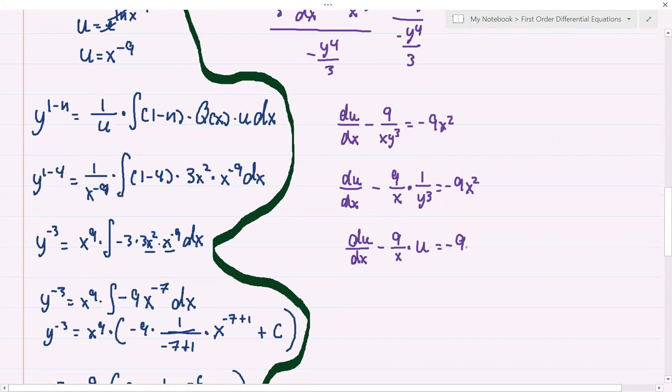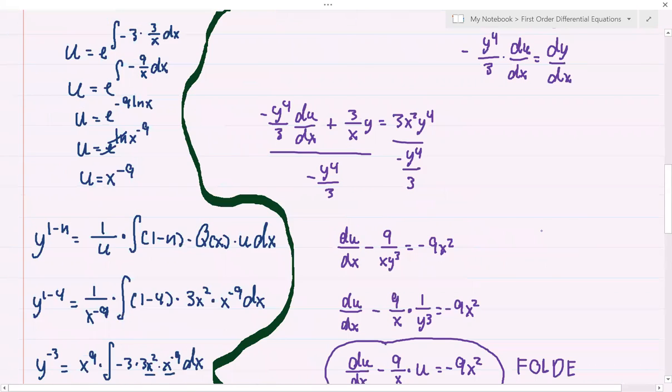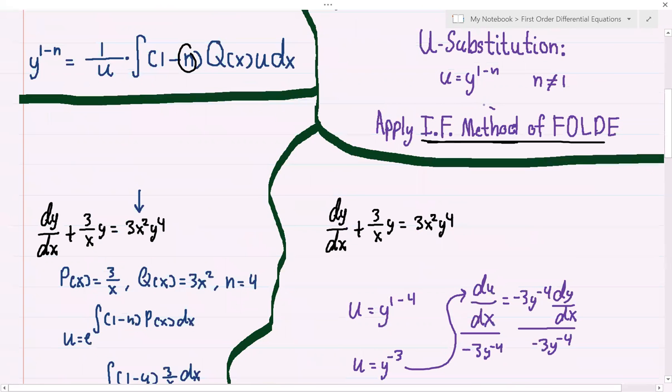So here we go, we now have your first order linear differential equation. After you convert this into a first order linear differential equation, it's our turn now to apply the integrating factor method of first order linear differential equation.